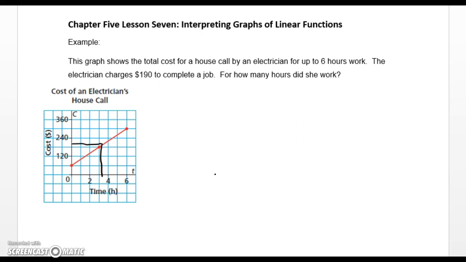So what I would recommend here is that you create an equation based off of this graph and then plug in your y value of $190.